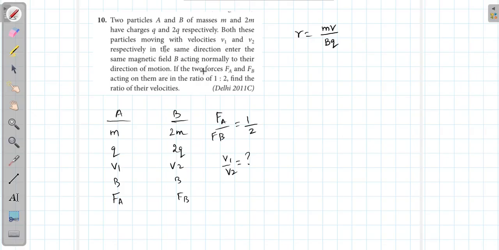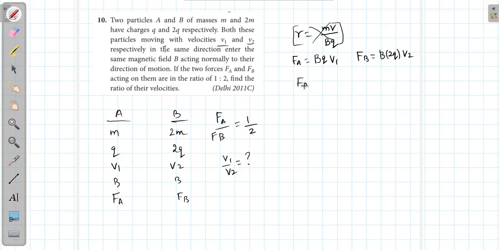The velocity is given as v1 and v2, and the force is bqv. Suppose we write FA equal to BQ V1 and FB equal to B 2Q V2. Now divide these two quantities. There is no need to go for the radius formula; we have the direct formula itself.